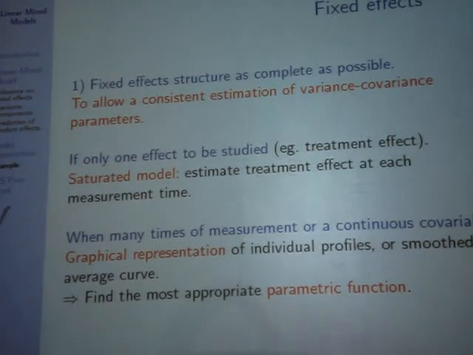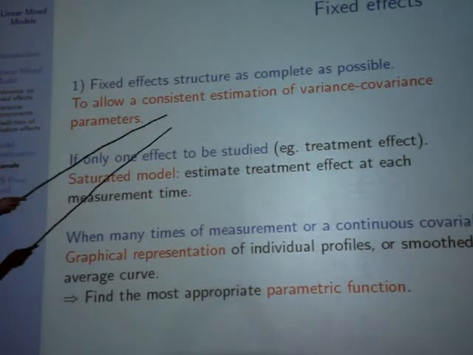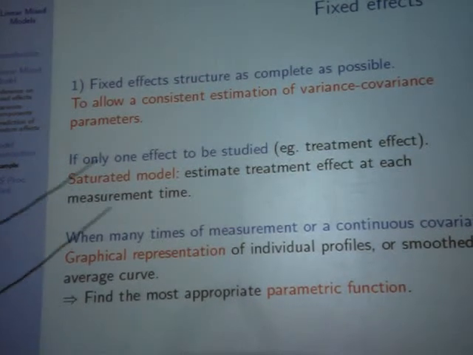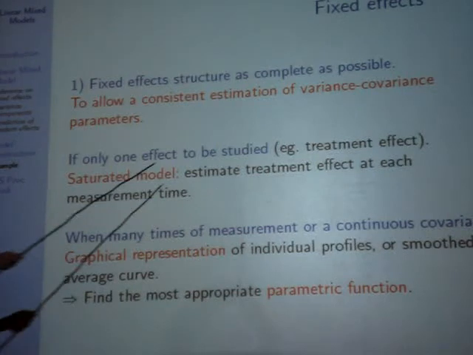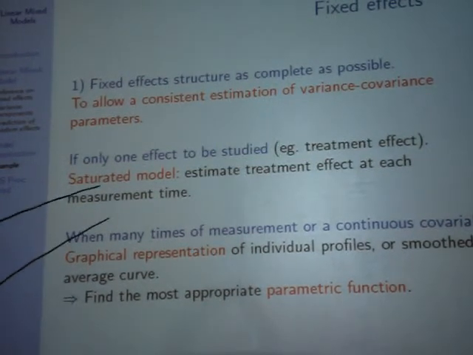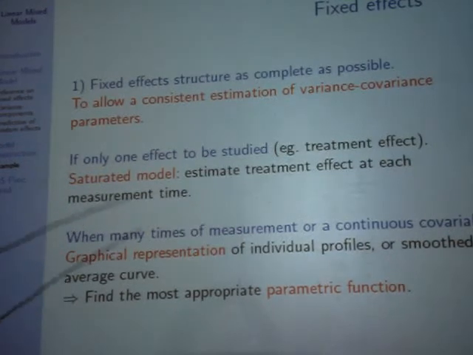So the first step of the model construction is to choose the fixed effect structure. And you want to choose it as complete as possible. So what does it mean? If you have only one effect to study, for example, if you want to study only a treatment effect over time, then you can use the saturated model, which means that you will estimate the treatment effect at each measurement time.